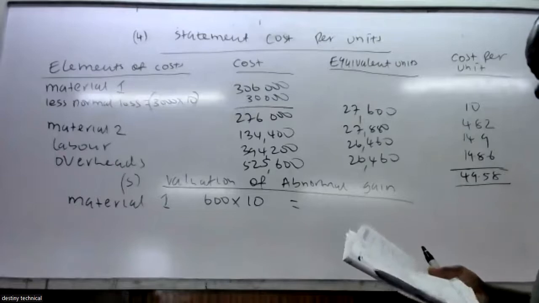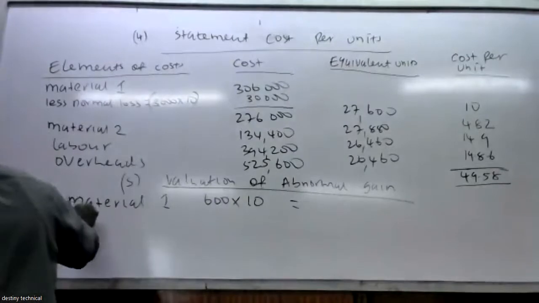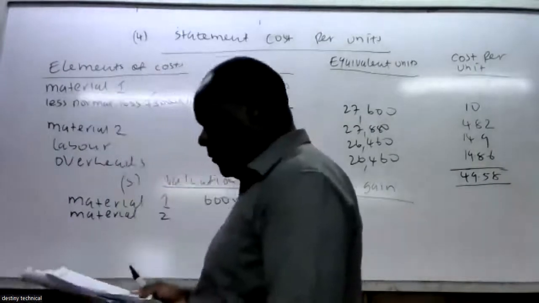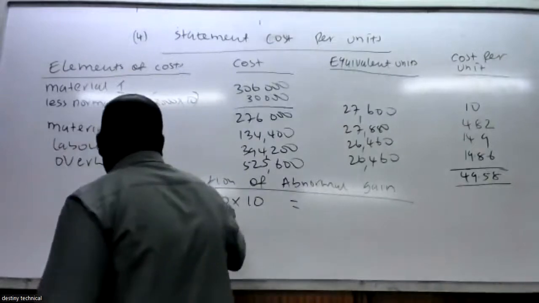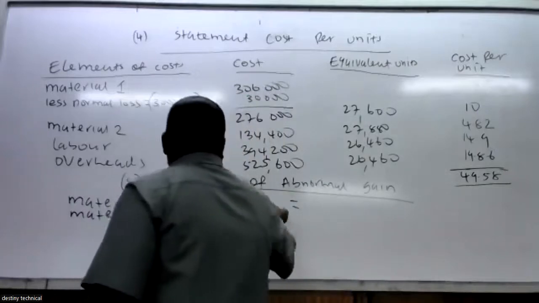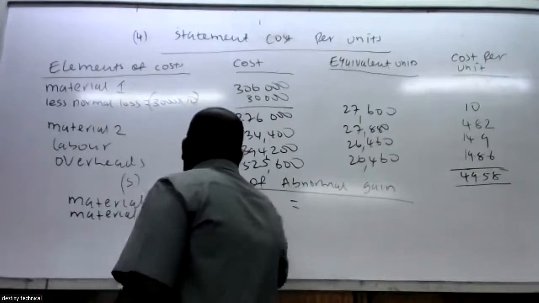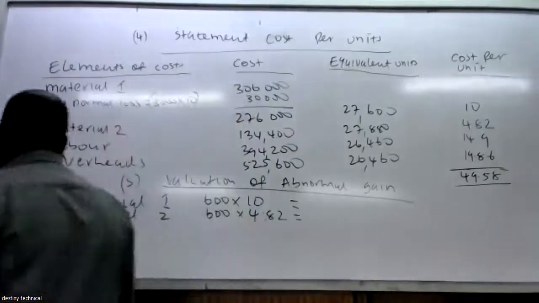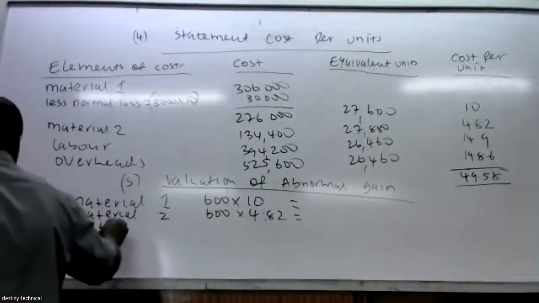So material 2, I suspect it was also meant to be 600. This one you are to multiply by 4.82. Then there is also the one for labor.